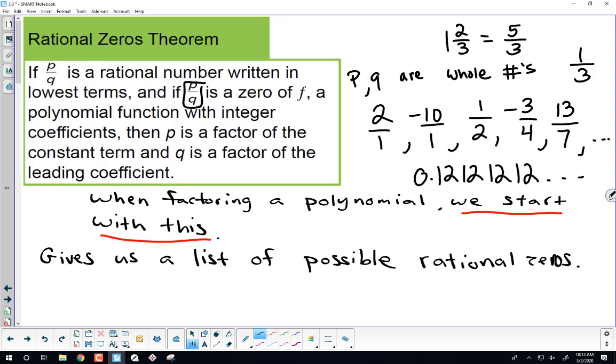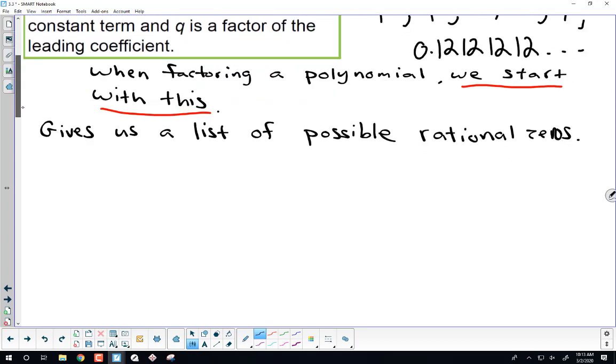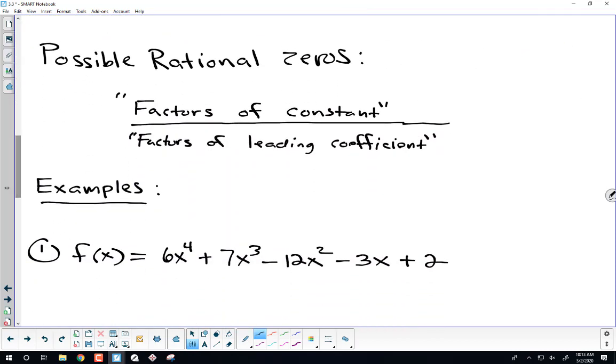What that theorem says is, given a particular function, the possible rational zeros are all of the factors of your constant term divided by the factors of your leading coefficient. So remember, the constant is the one that doesn't have an x attached to it. The leading coefficient is the number attached to x with the highest power.